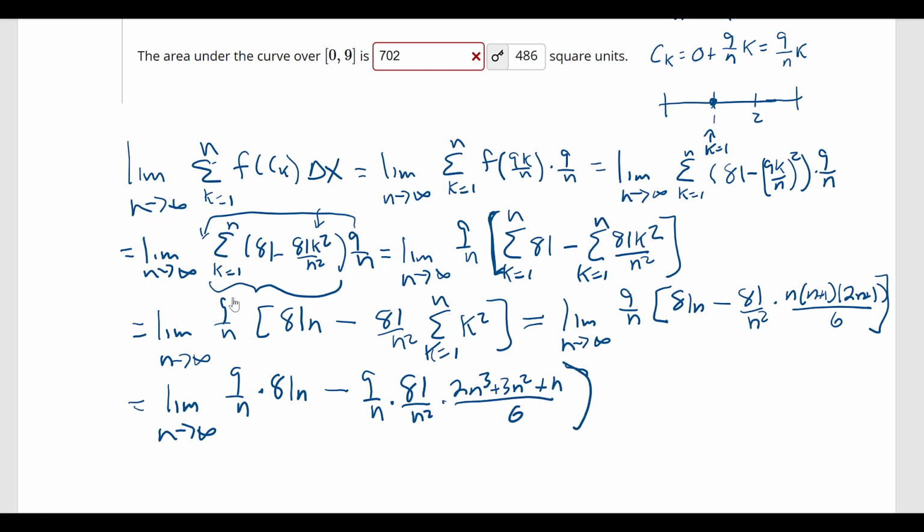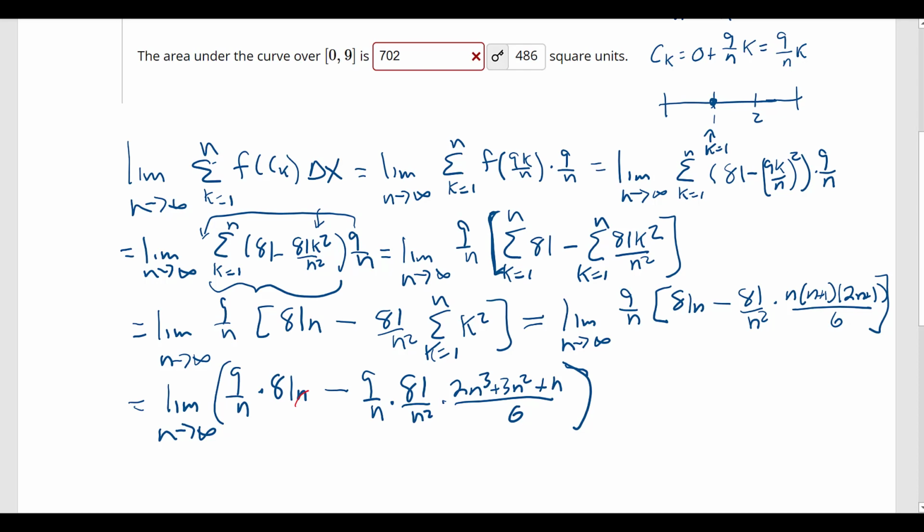And I still need to have some kind of a way to keep this all within this limit. So now we can take this, let's do a little bit of algebra here, and I'm going to do some canceling and simplifying. We'll do this a few times.